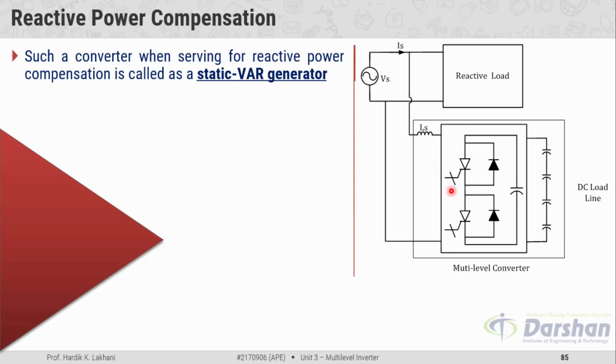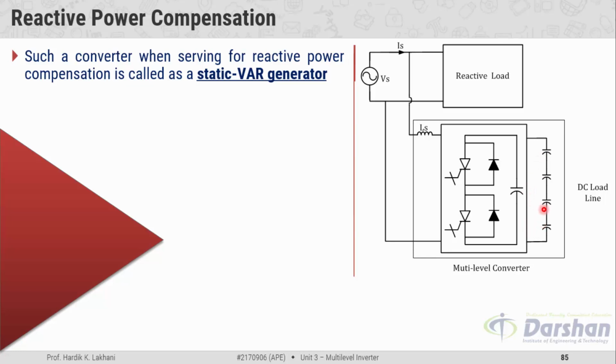Here the type of the multi-level converter used for the reactive power compensation is the flying capacitor multi-level inverter, and those balancing capacitors are used as compensator elements. So we know that a capacitor has the ability to produce reactive power. Whenever this reactive load demands reactive power, instead of drawing it from the generating side, it is better to produce the reactive power within the premises.